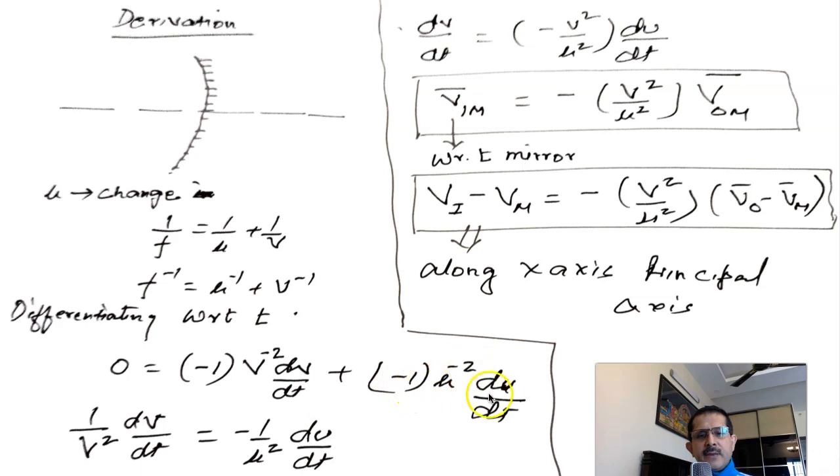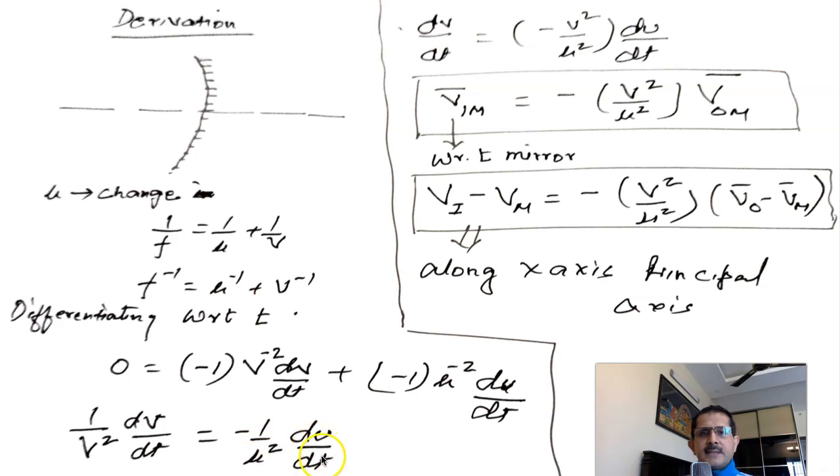This is a simple differentiation, and du by dt. Similarly, when we differentiate this, we get v to the power minus 2 dv by dt into minus 1. Further, if I take this to the other side, I can say 1 by v square dv by dt is equal to minus 1 by u square du by dt.